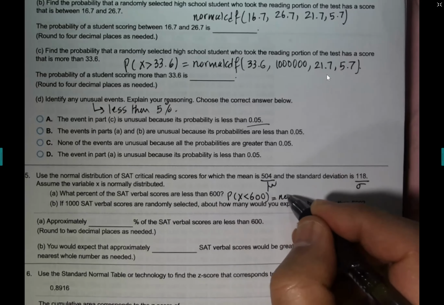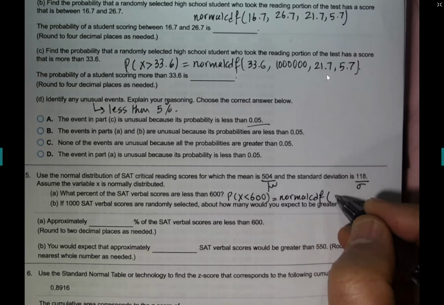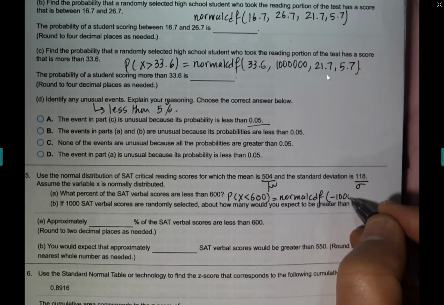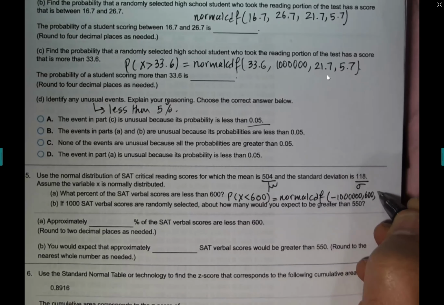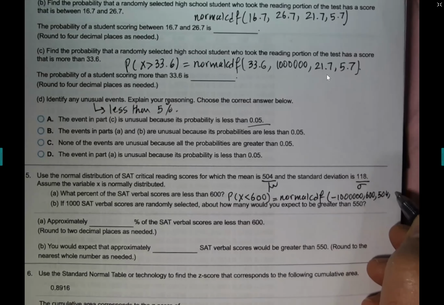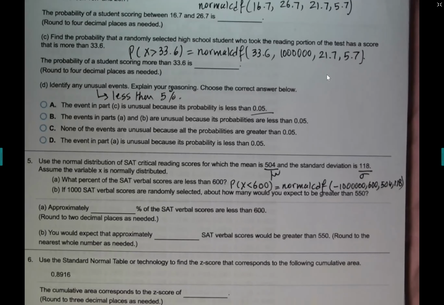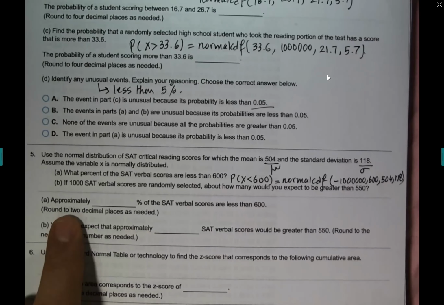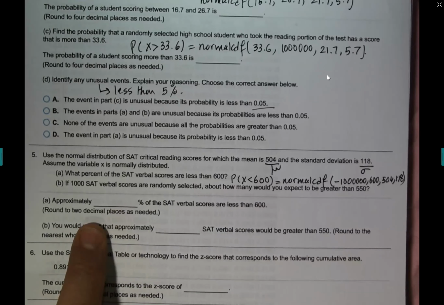So that will be normal CDF, negative 1 million, 600, and then the mean is 504, and then the standard deviation, guys, is 118. And make sure to put the answer as a percent here, because he wants a percent. So whatever the answer is, you put it as a percent. Round to 2 decimal places.